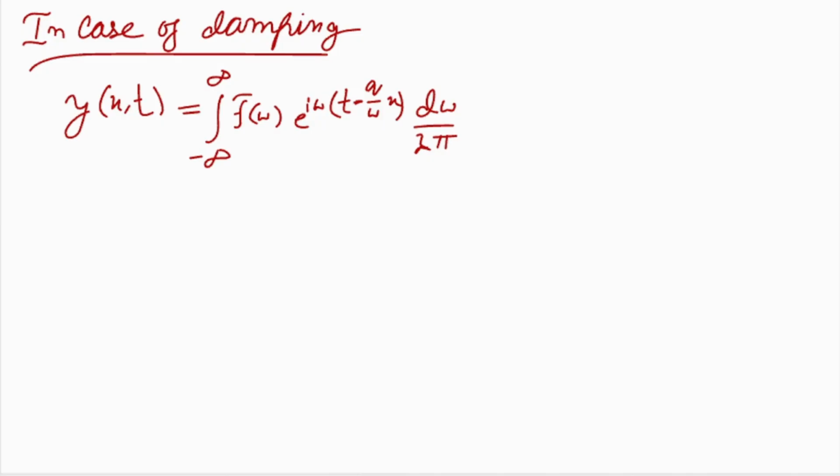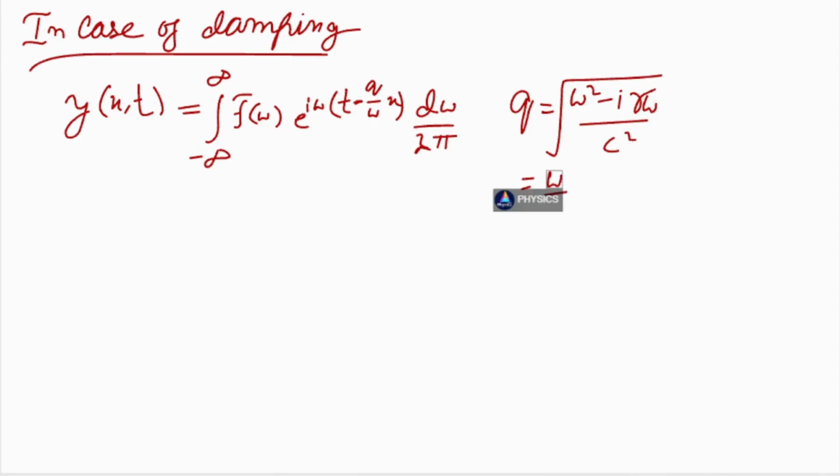Well, this is very easy to solve. You know what q is? q is nothing but the root of omega squared minus i gamma omega over c squared. So this is nothing but omega over c into 1 minus i gamma over omega to the power 1 by 2, or root, right? So put that over there.